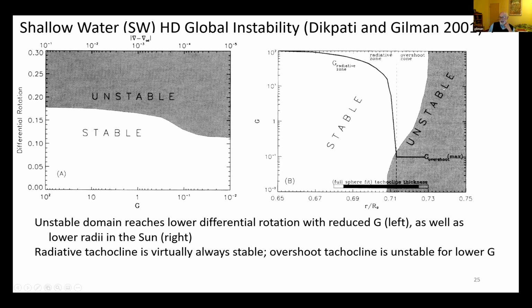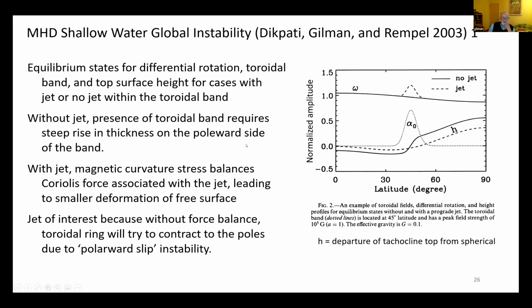And this extends, if you look on the right diagram, you see the unstable region extending towards the top of the radiative zone. So that says, in effect, that the tachocline should be unstable to this kind of instability.